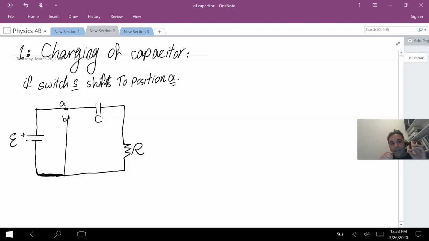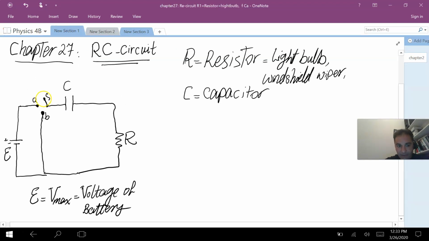So if I shift switch S to position A, look at this picture. In reality, I close it.